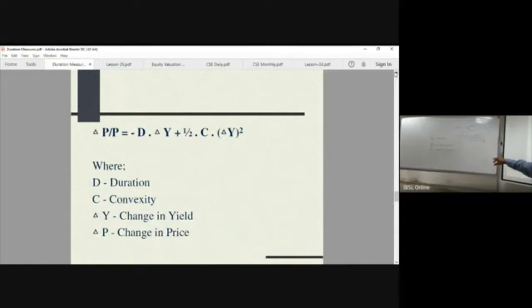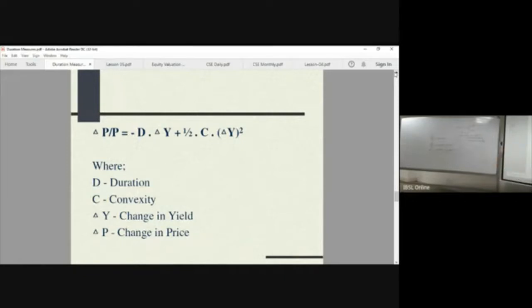Plus half into C. C is already calculated, 7.57 or something, no? 7.57 into delta y squared, that is 0.03 squared, into the price. Or otherwise, what you can do is just keep the price out of this. Later, you do the calculations without taking the price into consideration, and you multiply the price at a later stage.